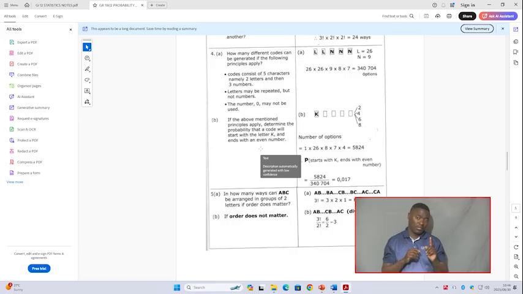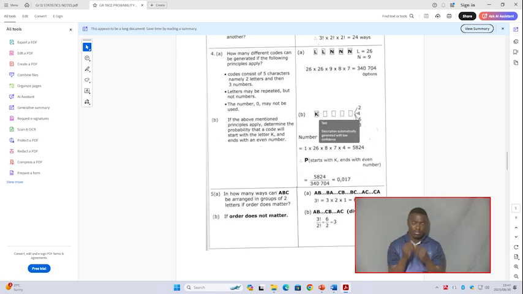Those are the principles. They say, determine the probability that the code will start with a K and end with an even number. Now people, how many letters can I put in the first block? Only K. I can only put 1 letter in the first block, correct? Now people, letters may be repeated. So in the second block, I can put any of the 26 letters of the alphabet, correct?